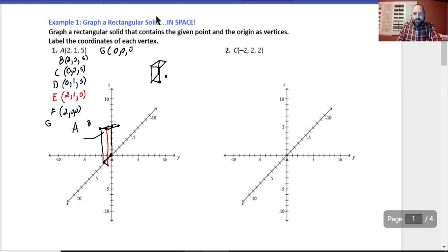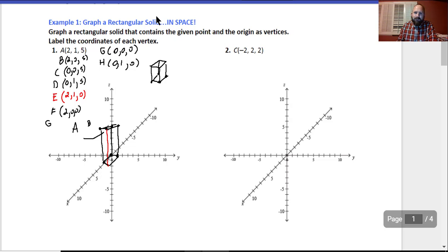This final one right here, that's going to be H. And H is going to be looking at D right here, 0, 1, and there's not going to be anything going up, so it's 0, 1, 0. So I know it's going to hit right there. It comes down. And so looking at it, it's kind of hard to see, but it should look like a rectangular solid going up like this. Now it's okay if it's a little off, but try your best.